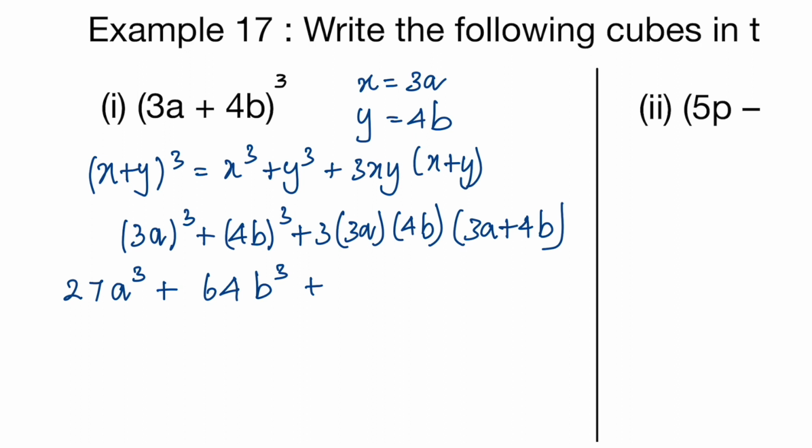So this is 9a, and 9 times 4 is 36, so 36ab into (3a + 4b).